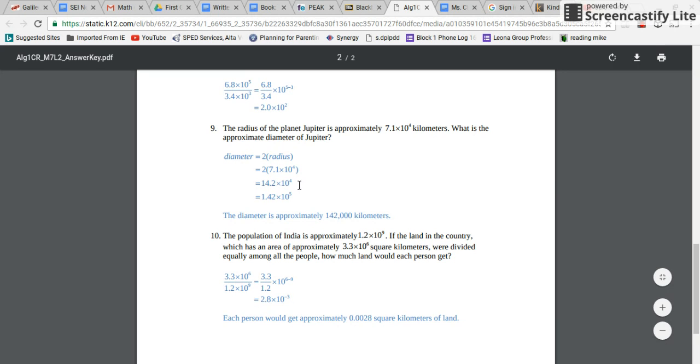So this used to be a 4, and now it's a 5. And then they went ahead and turned this scientific notation number into a regular number by moving the decimal 5 times. So if you move the decimal 5 times, you go 1, 2, and then add 3 zeros, 3, 4, 5. And that's how they got this number.